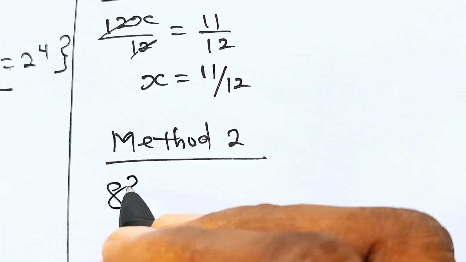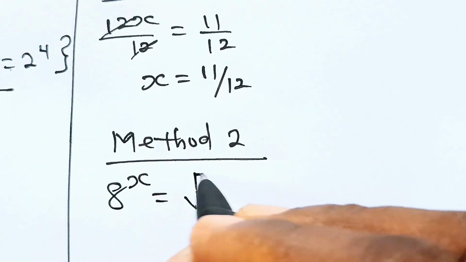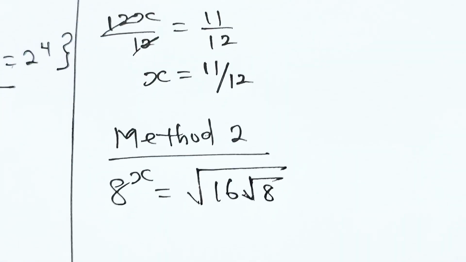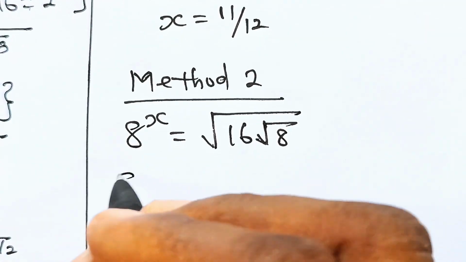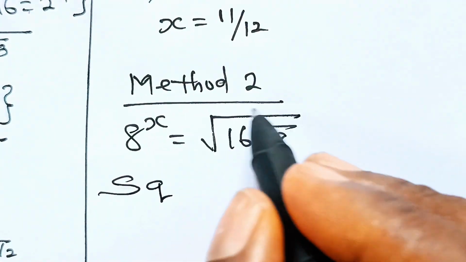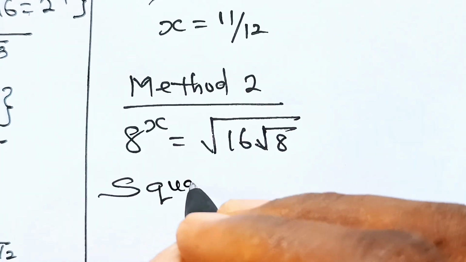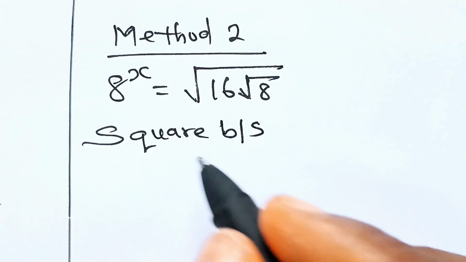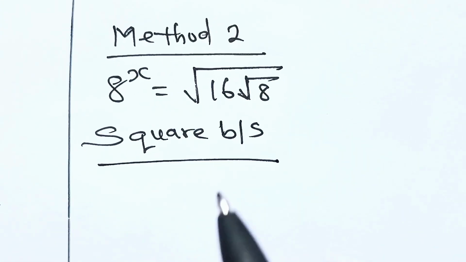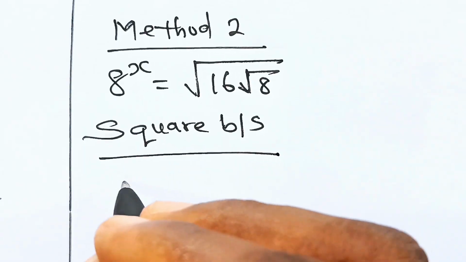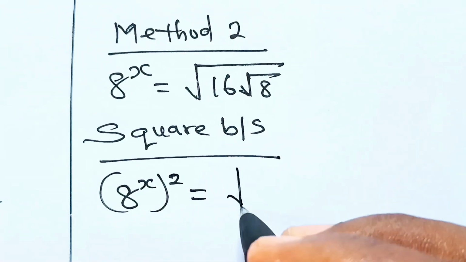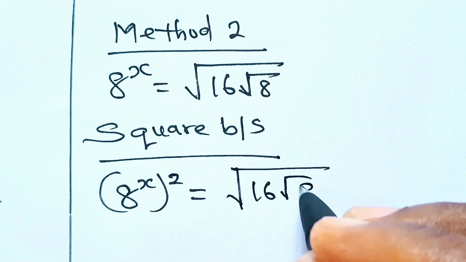The equation says 8 to the power of x is equal to the square root of 16 root 8. We are going to square both sides. Because of this root, to remove it, just square both sides. So if we do that, we are going to have 8 to the power of x squared is equal to square root of 16 root 8 squared.